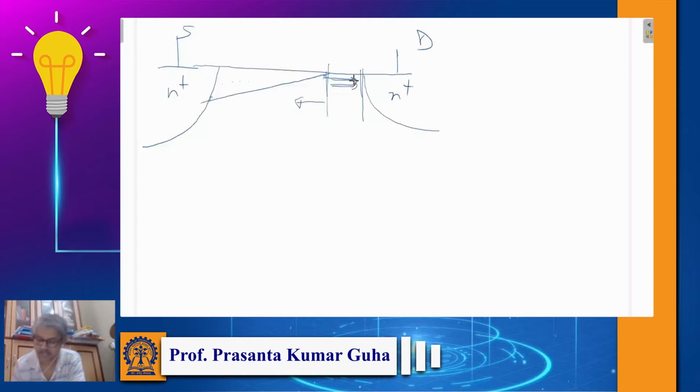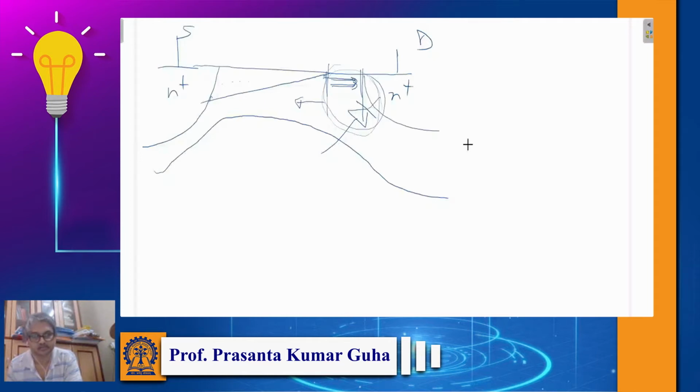How to explain this? This is my depletion region. You see, this is a reverse bias PN junction. Now in a reverse bias PN junction, with increasing voltage, current doesn't increase, right?